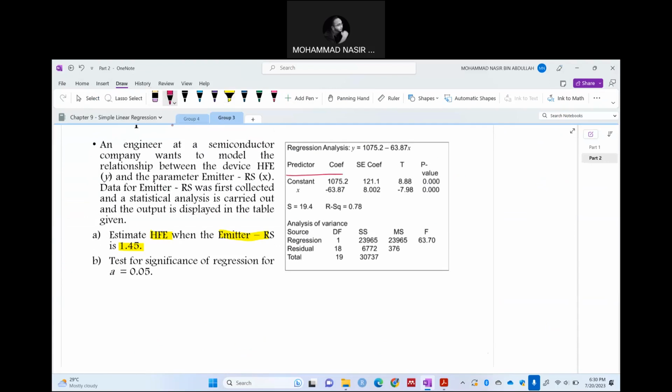We look at the first table, this is our equation: y equals 1075.2 minus 63.87x. When x equals 1.45, we just substitute into the model: 1075.2 minus 63.787 multiplied by 1.45, so this one should be 149.085.